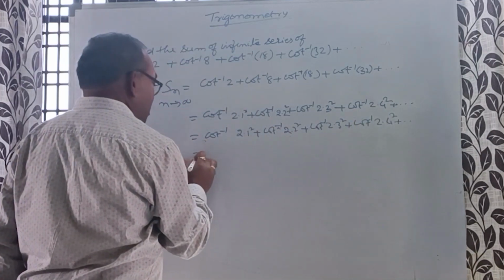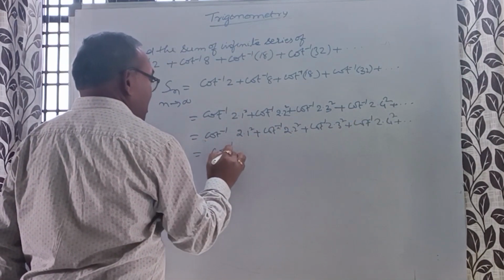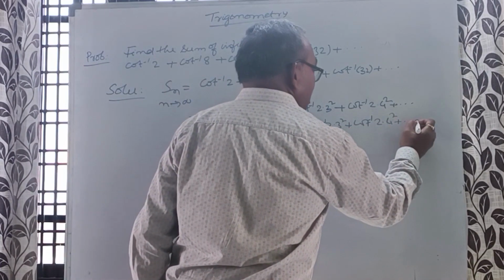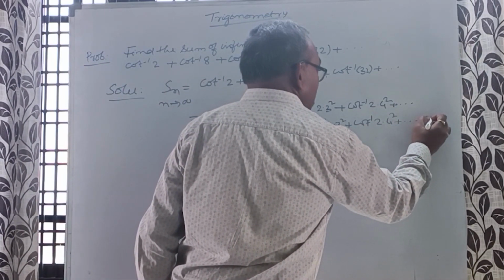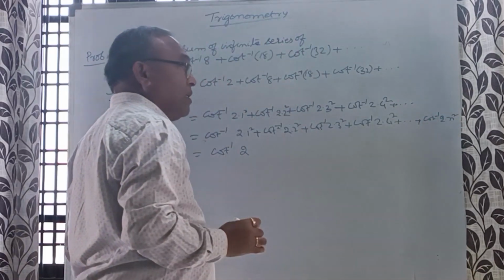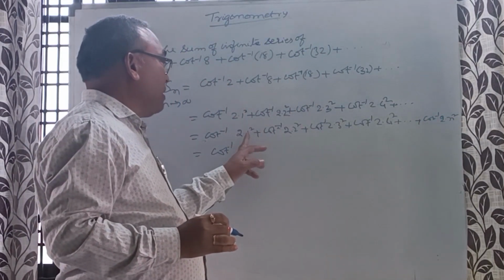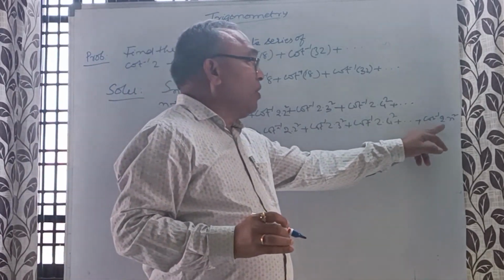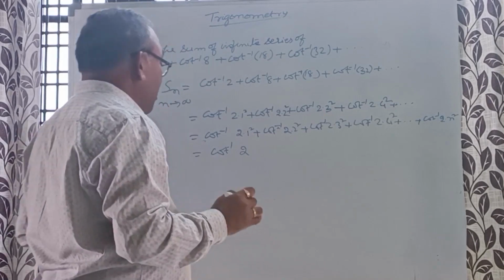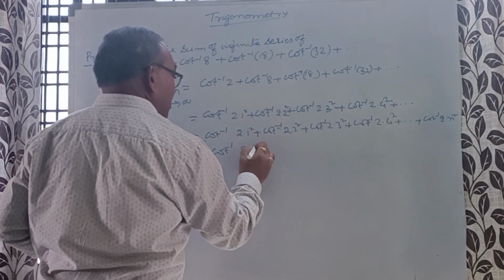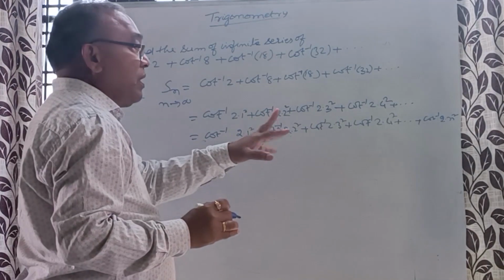This means cot inverse of 2 into 1 square plus and so on, cot inverse of 2 into n square. This can be written like that also, because 1 square, 2 square, 3 square, 4 square, up to n square. So this is 2n square.